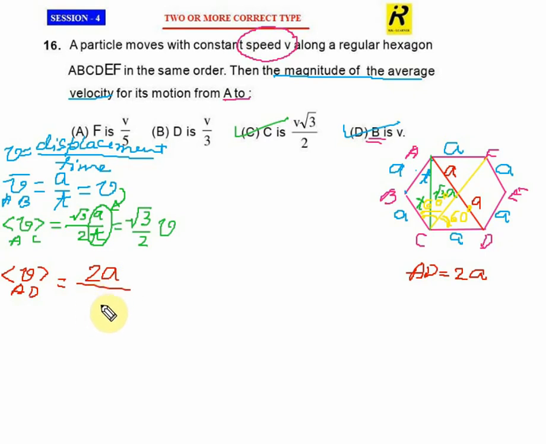And what should be the time taken? See, it is 3 times t. So here to here it is time t, one more t, and here again t. So the total time is 3t.